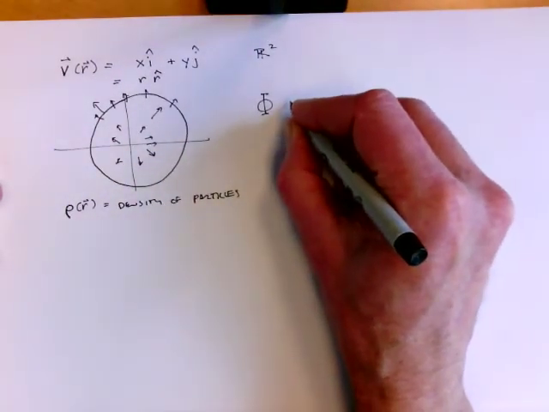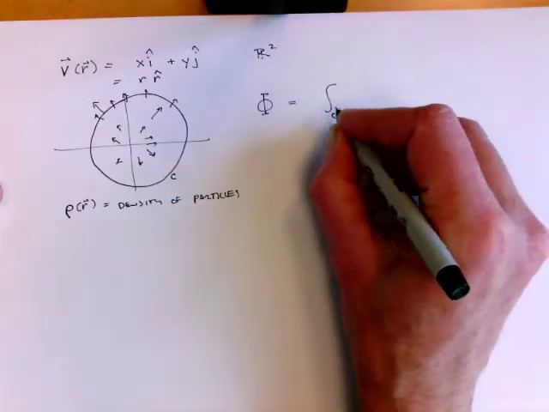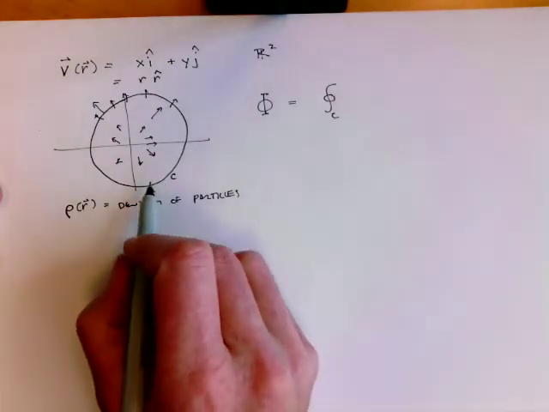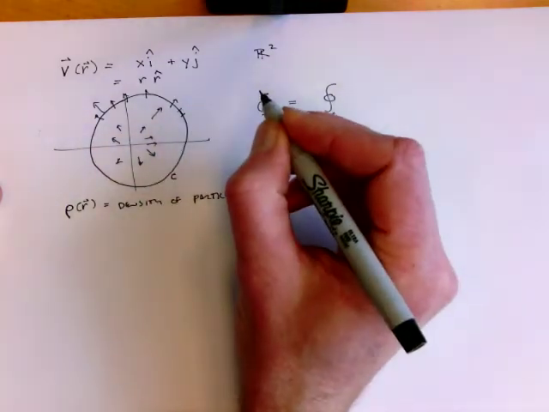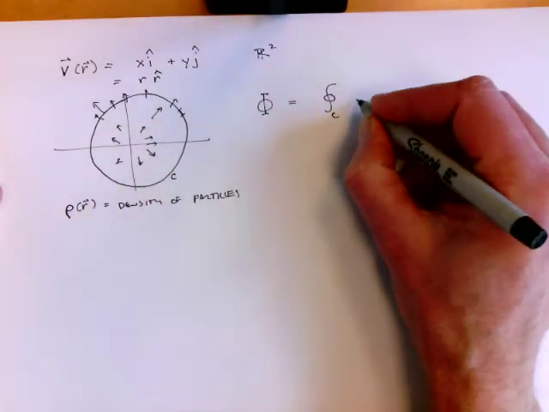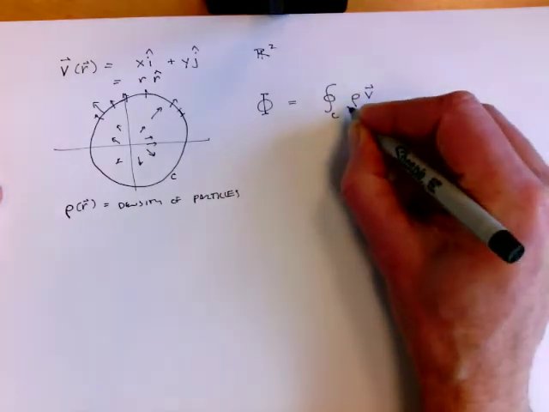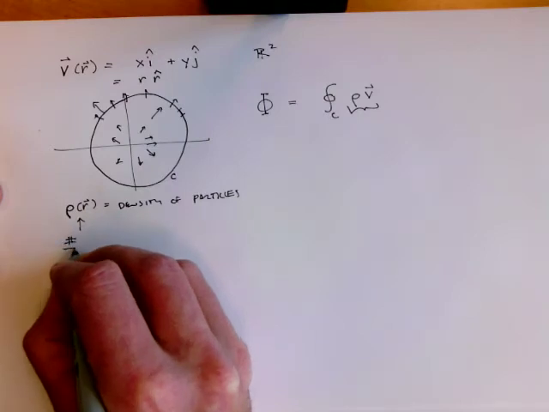So to do that, conceptually what I'm going to do is integrate around this closed curve. I want to ask the question, how much stuff is passing through each little chunk here? So I'm going to have my density times my velocity. You'll notice that this density should be in number per meter squared.